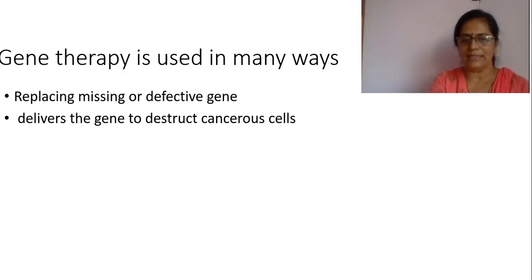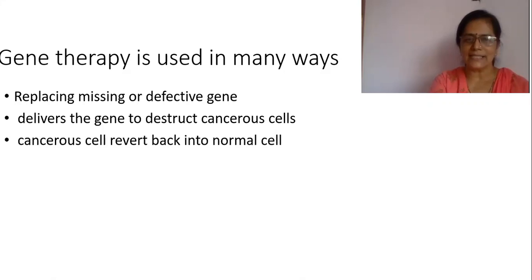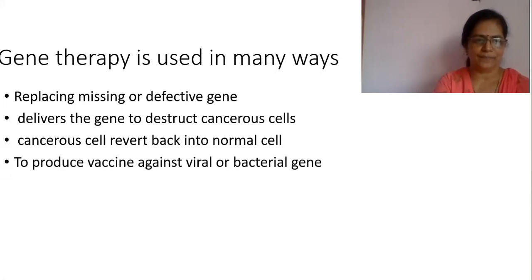You know that cancer depends upon the oncogene. So we can deliver a gene to destroy such an oncogene, and the cancerous cells revert back into normal cells. Whenever a cancerous cell is produced, it converts into normal cells by delivering such a gene.